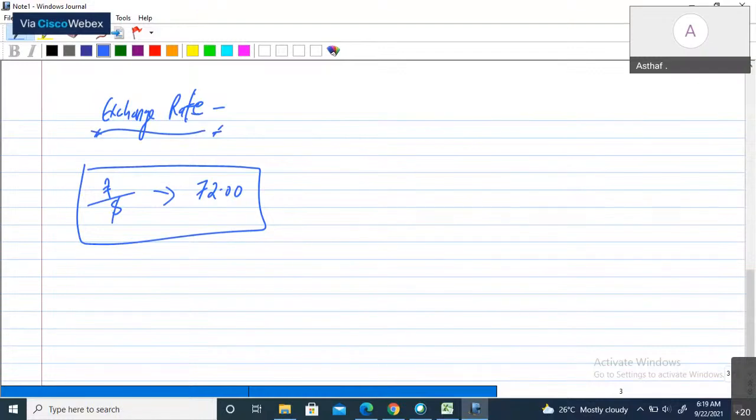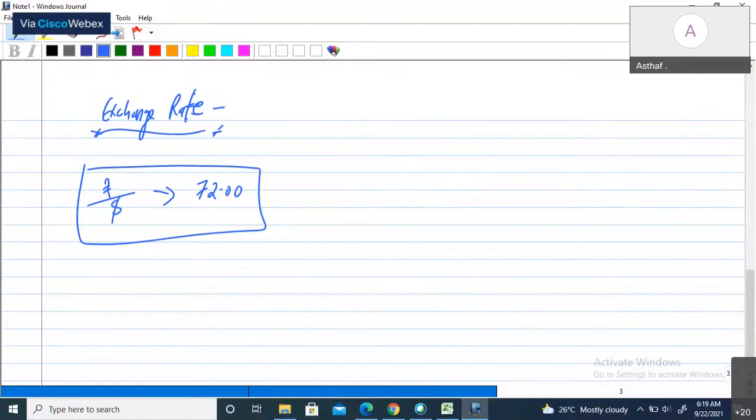The exchange rate for $1 is 72. So let us discuss the meaning of this currency rate. As I told you last class, we are going to discuss the entire base concept of forex. If you understand the base concept of forex, you will be able to do any problem of forex.